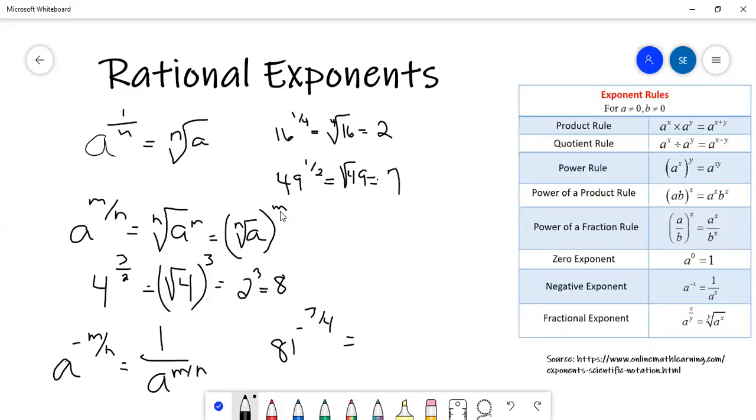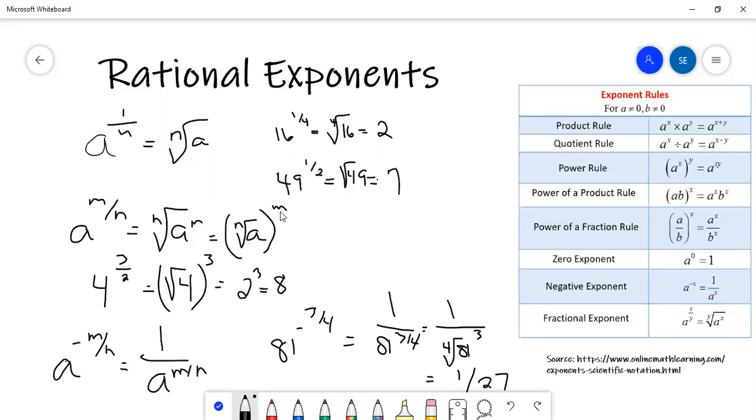So this is equal to 1 over 81 to the 3/4, or 1 over the 4th root of 81 to the 3rd. The square root of 81 is 9, the 4th root is going to be 3, and 3 cubed is going to be 27. So this becomes 1 over 27.